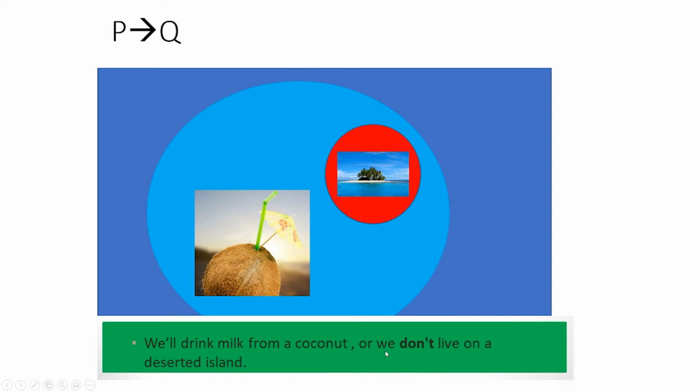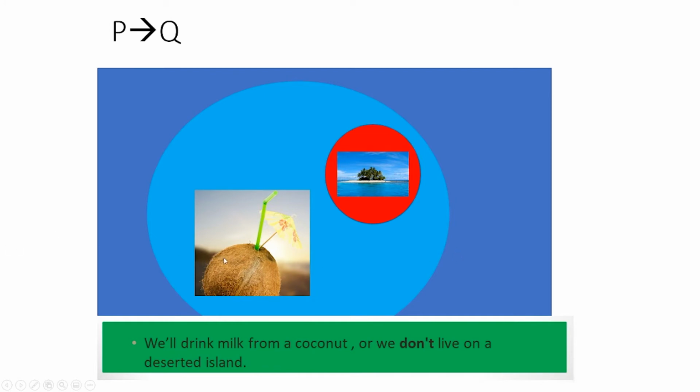And what this statement basically says is that we're either in the light blue area or we're outside of the red area. So if I'm not drinking milk from a coconut, I'm also not on a deserted island, which is basically the same again as the previous example we checked out with the parachute method. All right, hope that makes it more intuitive.